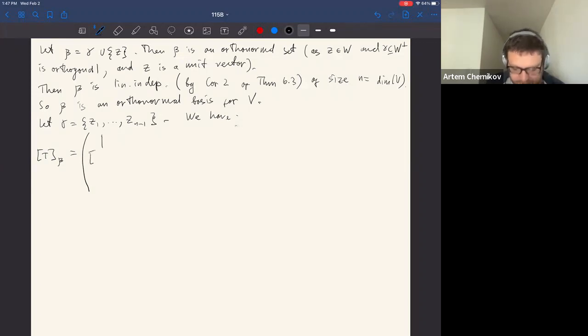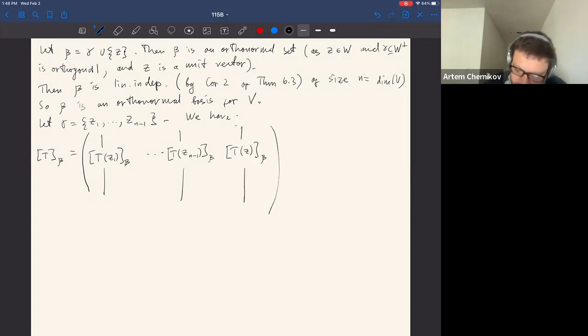The columns of this matrix are of the form the coordinate vector of T z1 with respect to beta, etc. Then we have the column corresponding to the coordinates of T z_{n-1} with respect to beta, and finally the last column, T of Z with respect to beta. Because beta, once again, consists of z1 through z_{n-1} and Z, since beta is the union of gamma with Z.